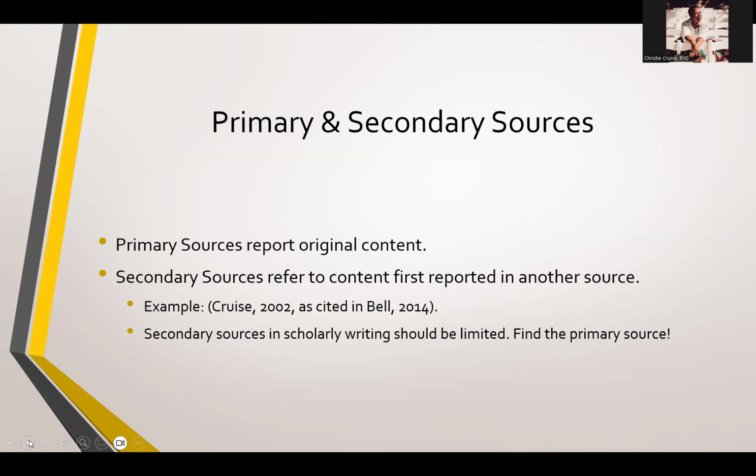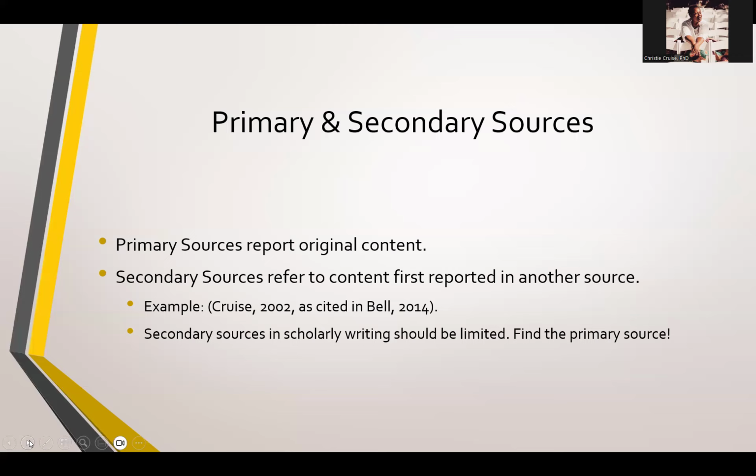So, for example, if I wrote an article in 2002 and you didn't read my article, you read Bell 2014 and you didn't access my article, but you need to cite the article, but you only saw it in Bell, then you would do Cruz 2002 as cited in Bell 2014.